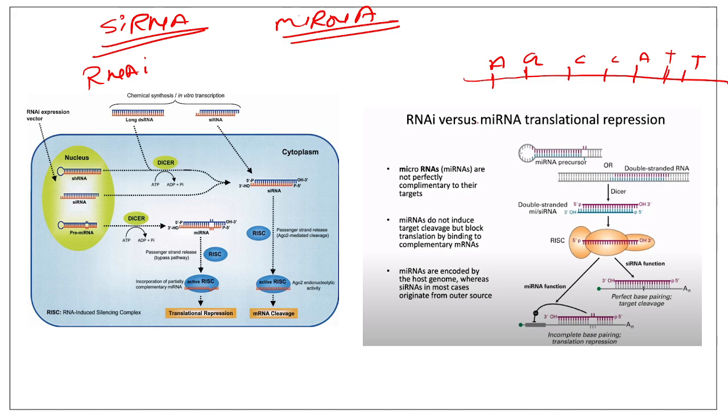It can base pair like T, C, C, C, T, A, A. Is it a perfect base pairing? No. Why? Because here G should be there, and here G should be there. So base pairing is there, but it is not 100% perfect. This is the case of miRNA.